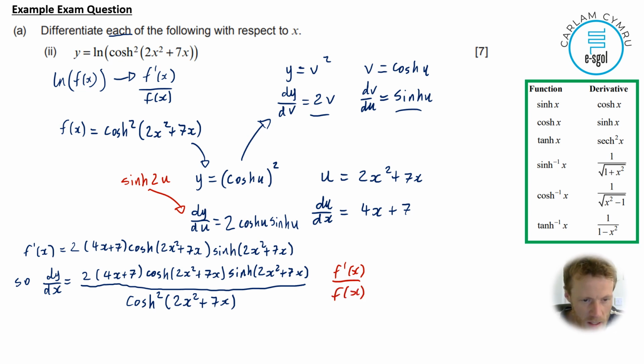I can see there's some cancelling here, so the cosh bit up here cancels with one of the cosh bits down here. So this tidies up a little bit more, gives us this 2 bracket 4x plus 7 times sinh of 2x squared plus 7x over just one of these, cosh 2x squared plus 7x.